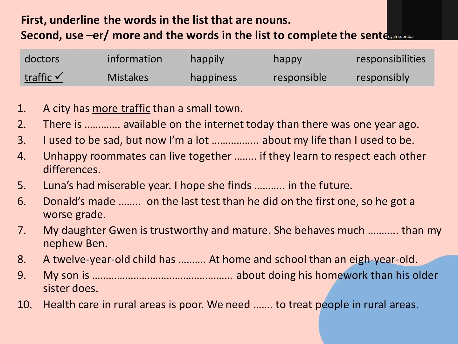Okay, in here we are going to practice using more and the words in the list to complete the sentence. For example, number 1, a city has more traffic than a small town. How about number 2? The answer will be, there is more information available on the internet today than there was 1 year ago.